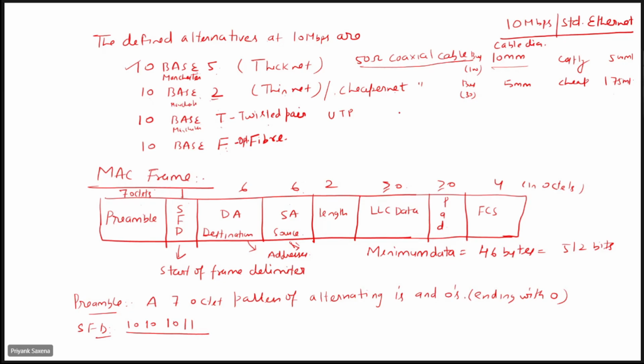The topology is star instead of bus. The maximum segment length is 100 meters. This is also a cheap kind of thing, because unshielded twisted pair is used. The diameter is 0.4 to 0.6 mm.